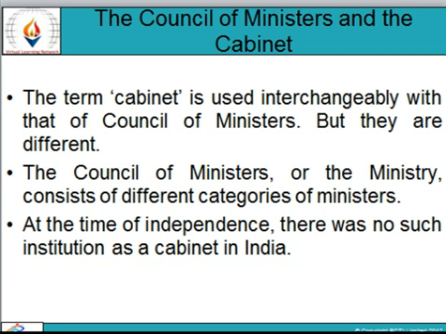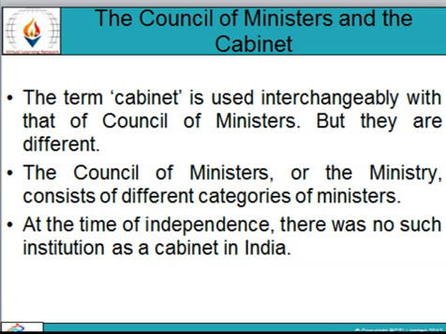The Council of Ministers and the Cabinet. The term cabinet is used interchangeably with that of Council of Ministers, but they are different. The Council of Ministers, or the ministry, consists of different categories of ministers.